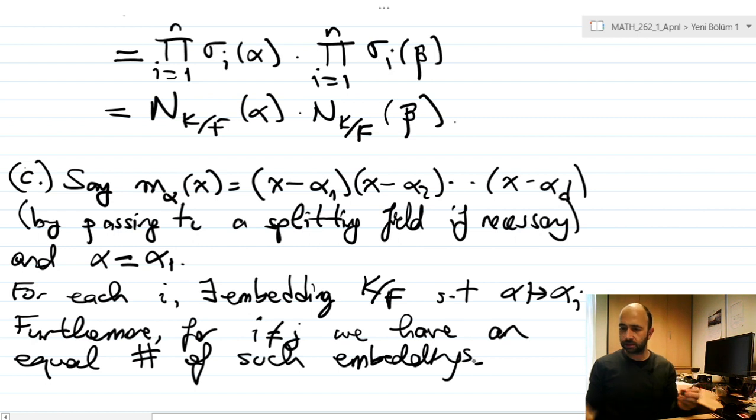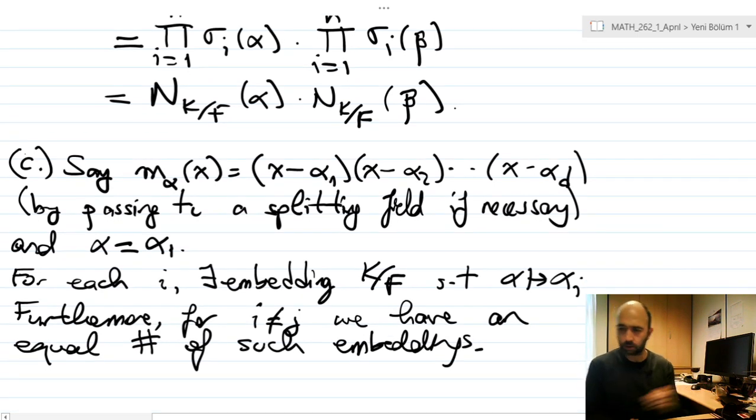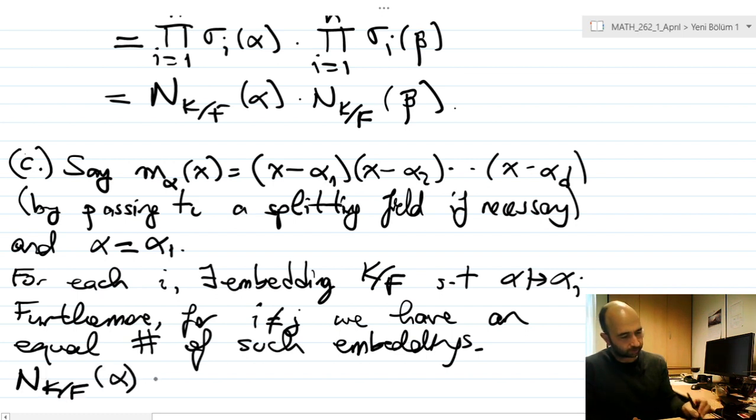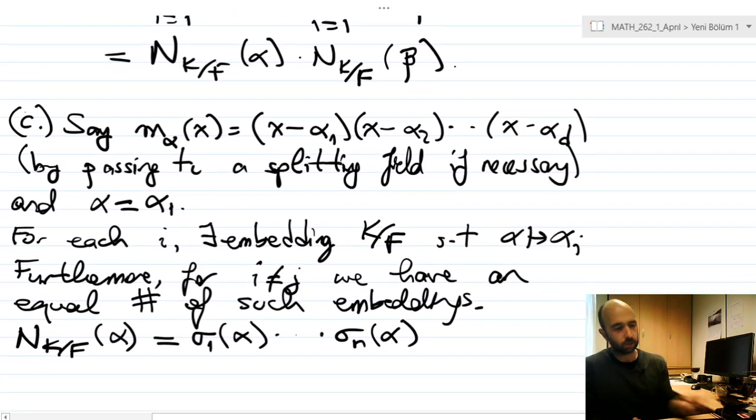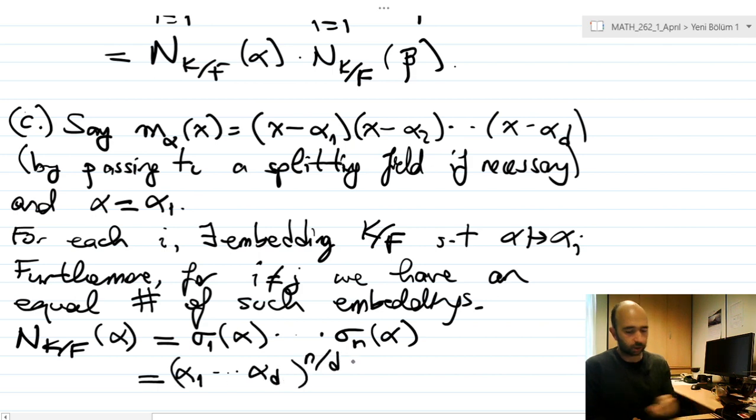But then it's kind of clear because N_{K/F}(alpha) is just the product over all distinct embeddings, but our observation says that each of these has to appear an equal number of times here, so this must be equal to alpha 1 up to alpha d to the power n over d.